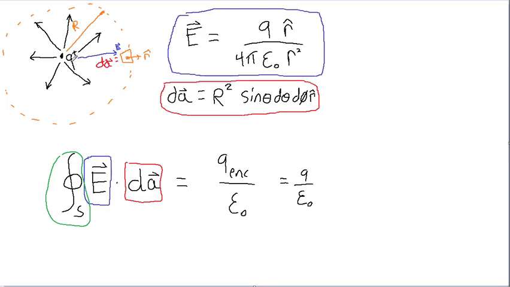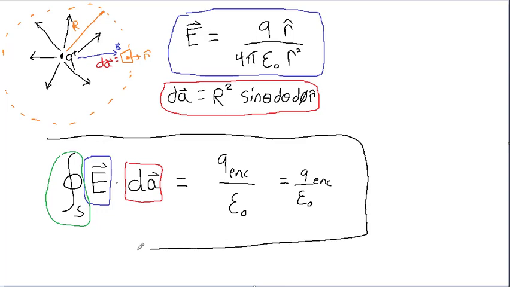So whatever charge was at the center turns out is the Q enclosed. So even though they look different because the names are different, that's exactly what we solved. So we ended up solving for the Q enclosed over epsilon naught, which happens to be the same thing that we represented here.